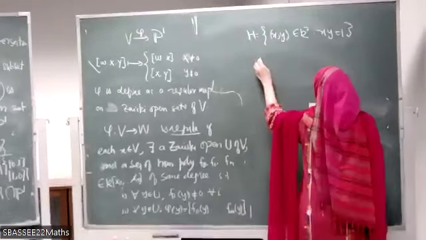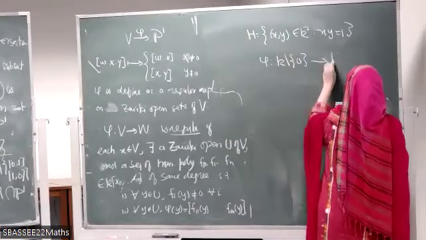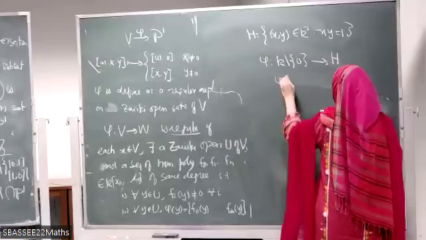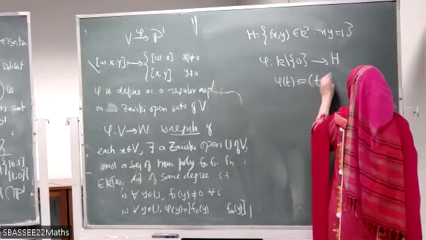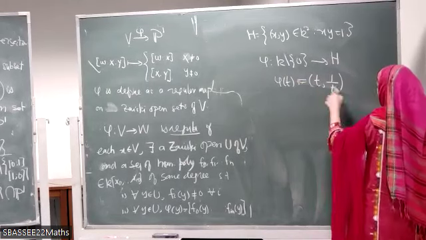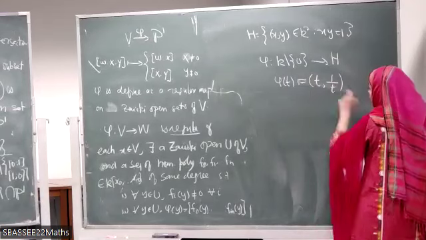Right? So now we can define this map, which is this one. Agree? Because this point will be here.